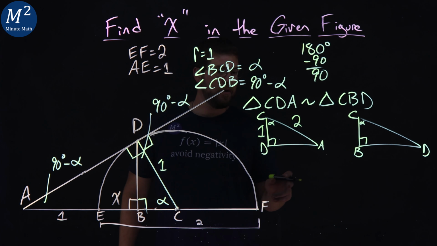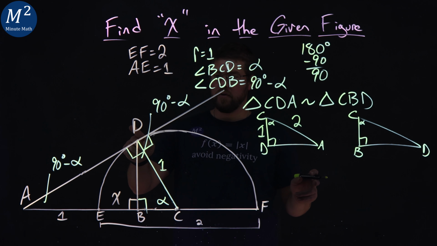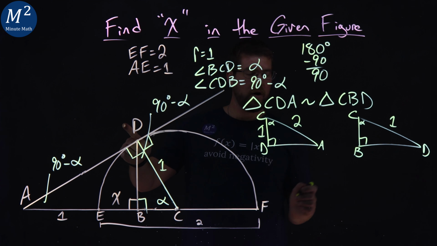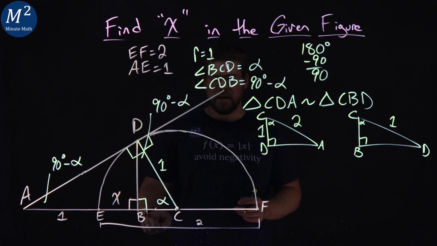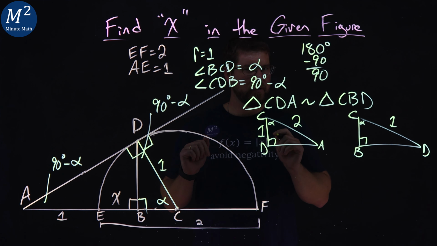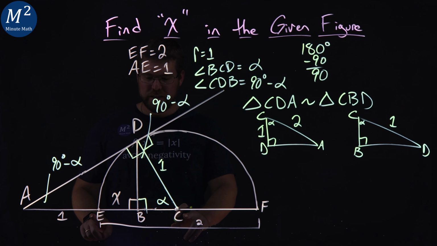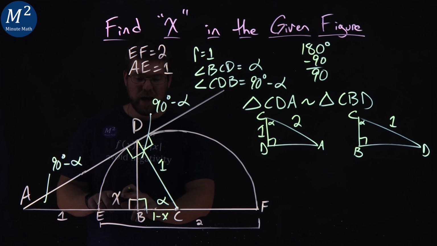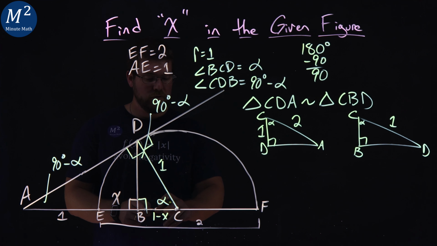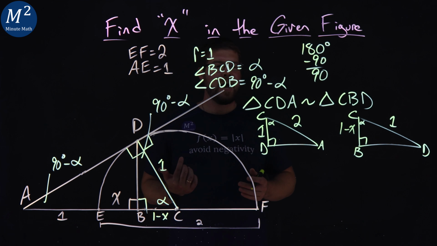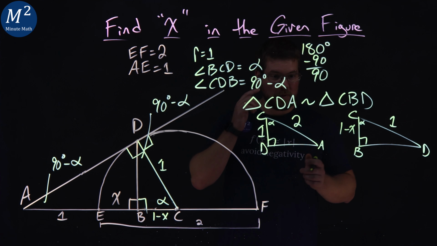Then in this triangle, CD has a length of 1, and CB we don't know yet. Here's the tricky part. If EC has a length of 1, it's the radius, then BC has a length of 1 minus x, whatever the length of EB is. So BC is 1 minus x, and now we can make a proportion here, okay?